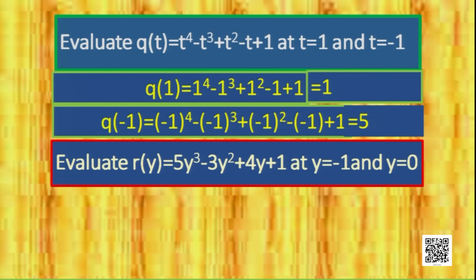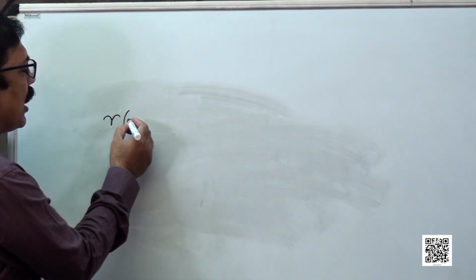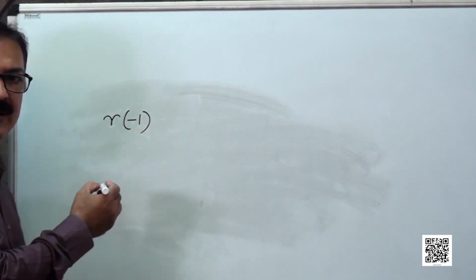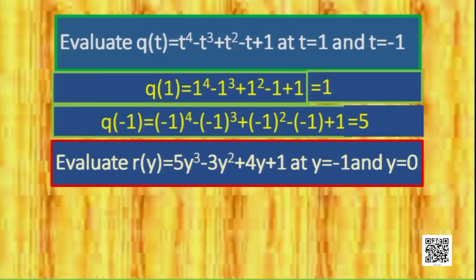That means we can use r also to denote a polynomial as we used q(x) and p(x). Now you see for the value of y minus 1, what will be the value of the polynomial r(y)? At y equal to minus 1, we can write r(minus 1). So just we have to replace minus 1 in place of y.